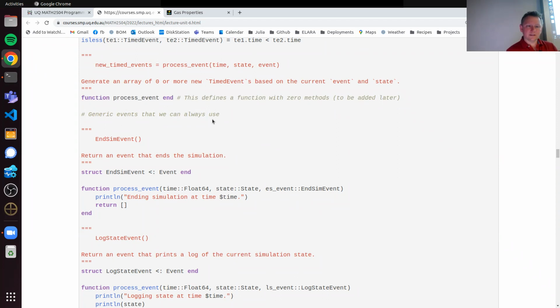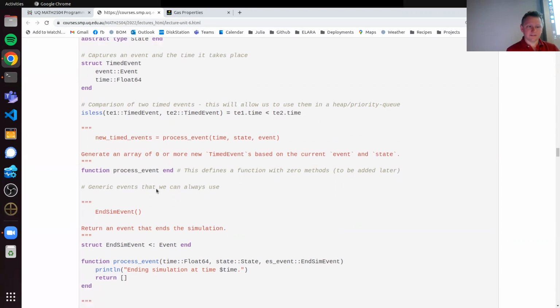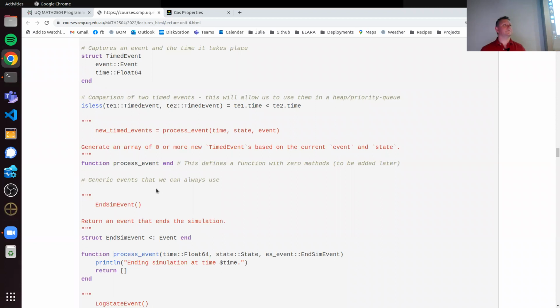What it's going to do is take a time, the system state, and an event, and it's going to mutate the state, and also produce a list of new events. So it could be 0, 1, 2, 3, or 4 more events, right? That's what this function does. And it's there as a part of an interface that you can code to when you're doing your projects and things.